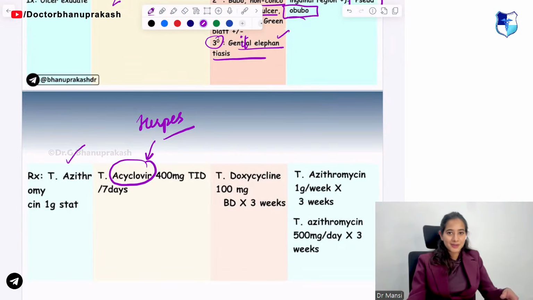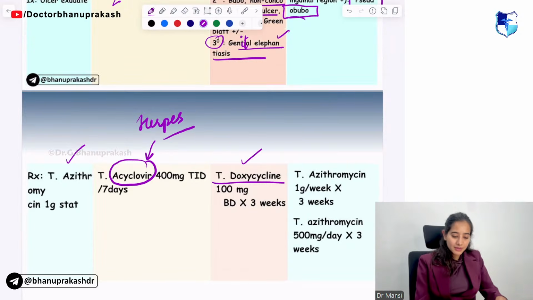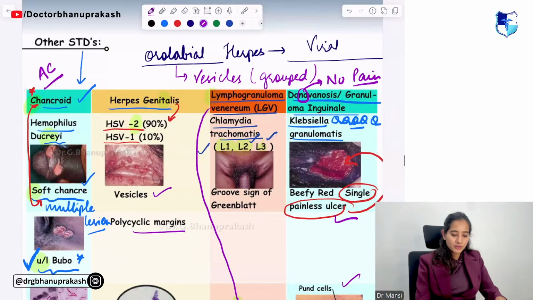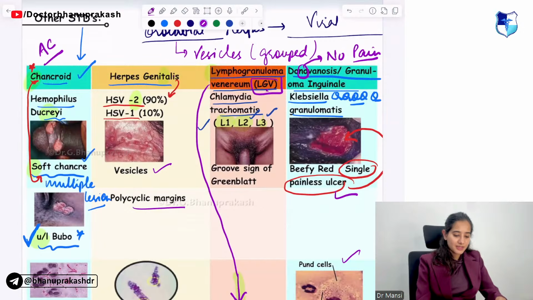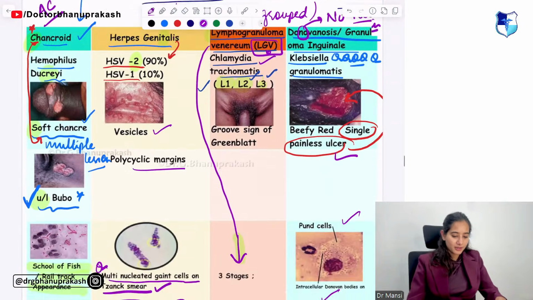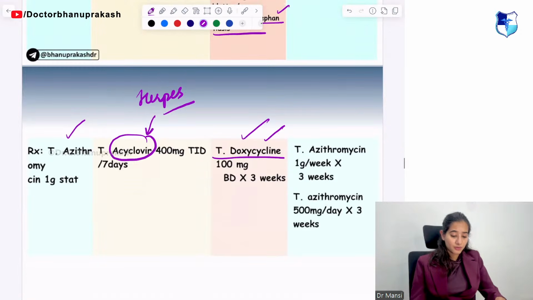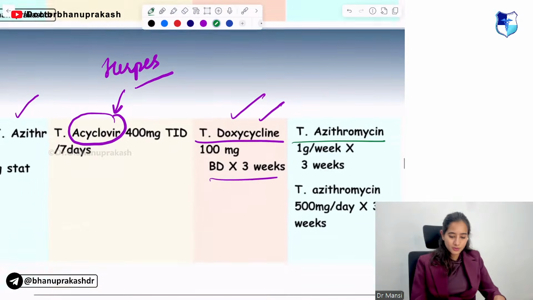We can't study all subjects. Then we have doxycycline for your lymphogranuloma venereum. Remember, LGV has Chlamydia trachomatis, and doxycycline is to be given for 3 weeks. You don't have to remember the duration, just have some basic idea about the treatment. Then azithromycin again for your donovanosis.